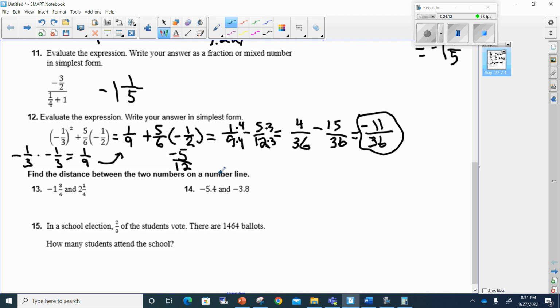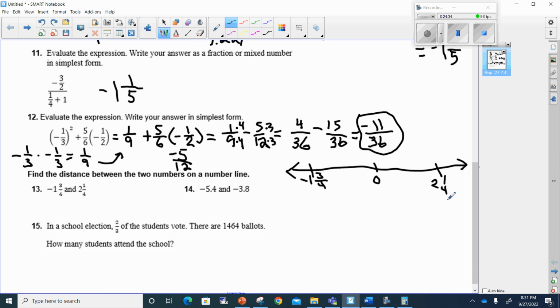Now number 13. If I make a number line across here, and if 0 is in the middle, I see that I have negative 1 and 3/4 over here, and I have positive 2 and 1/4 over here.